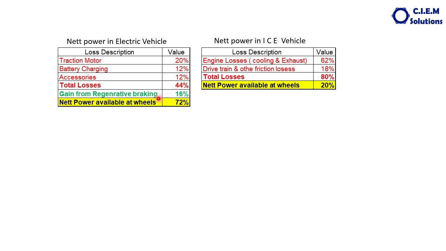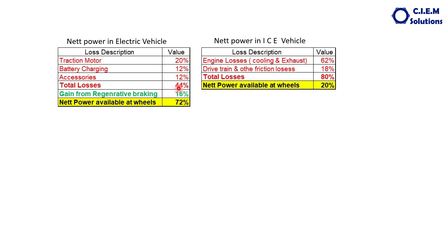All vehicles now come with a regenerative braking system. So in the electric vehicle, when the brake is applied, the motor turns into a generator and helps to charge the traction battery pack. On average, there is a gain of around 16% power due to this regenerative braking system.